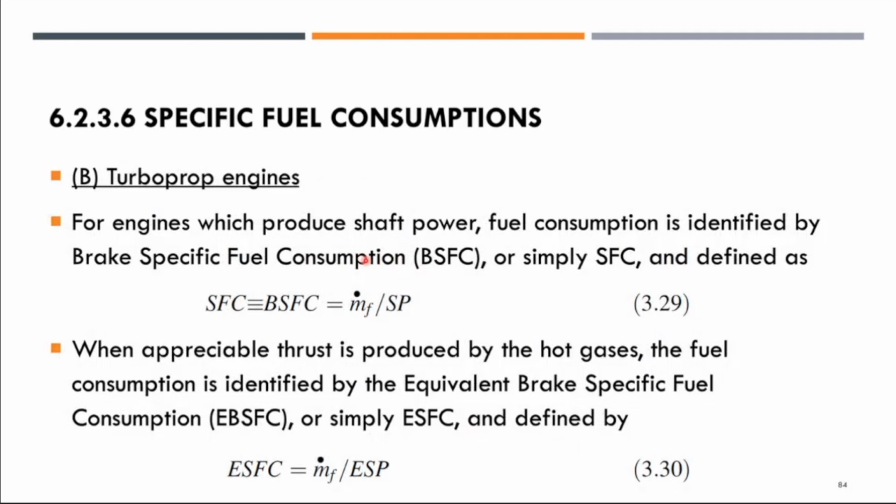Let us move into the turboprop engine. For engines which produce shaft power, fuel consumption is identified by the BSFC, the brake specific fuel consumption, or simply specific fuel consumption, as defined here in equation 3.29. When applicable, thrust is produced by the hot gases, and the fuel consumption is identified by the equivalent brake specific fuel consumption, ESFC or EBSFC.